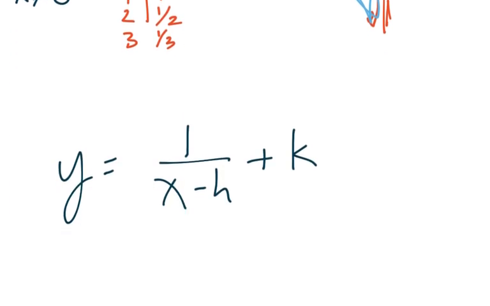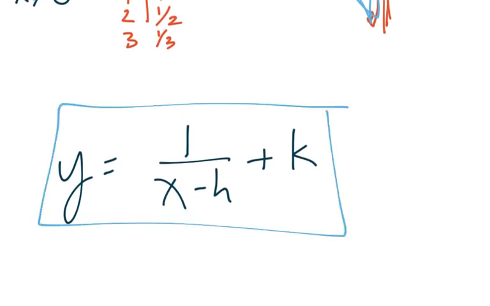Well, what if we start to mess around and add and subtract more numbers underneath there? What we're going to find out is that in y equals 1 over x minus h, plus k, the h will represent the vertical asymptote, and the k is going to represent the horizontal asymptote, moving it in a certain way.